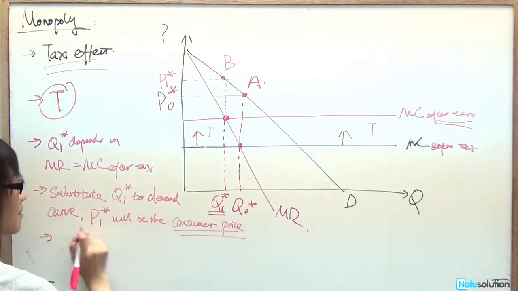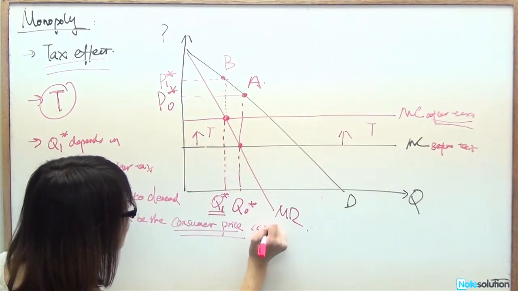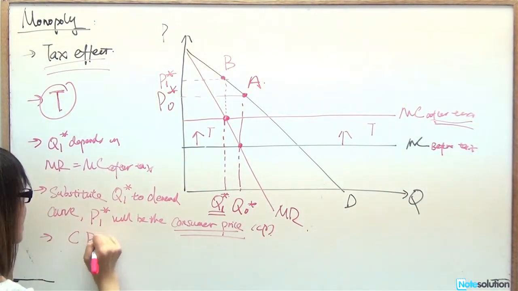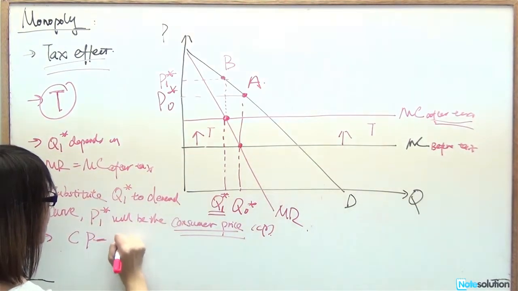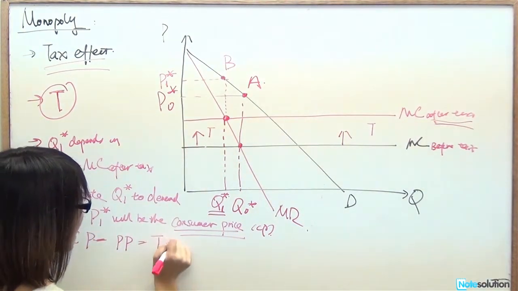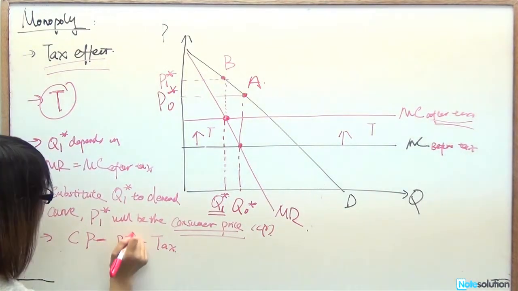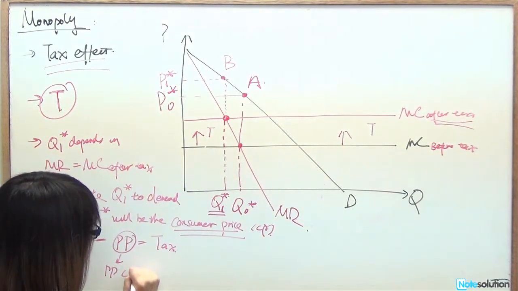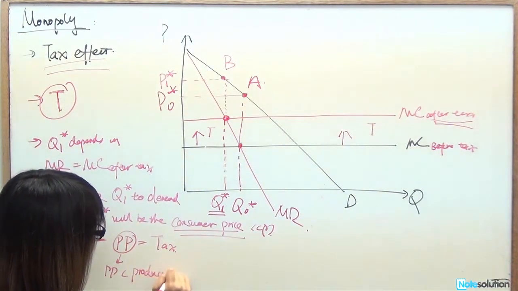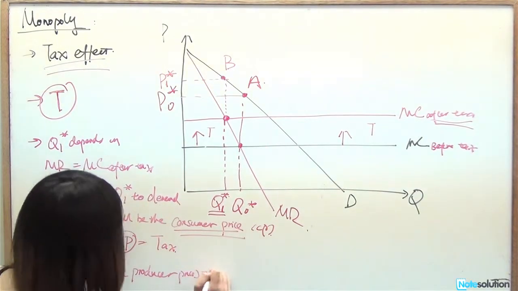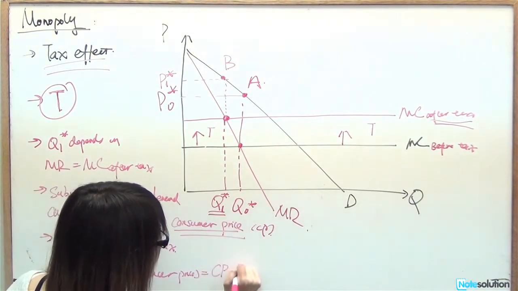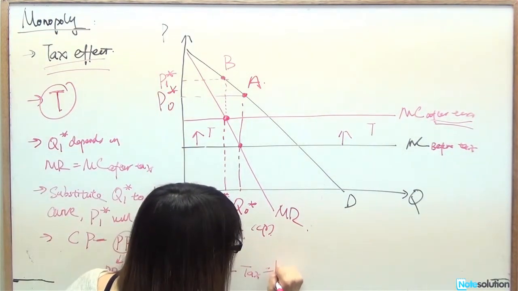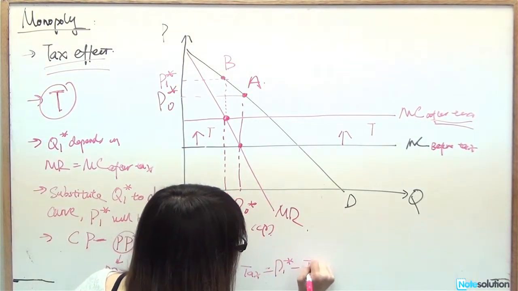We know the relationship between the consumer price, CP, and the producer price, PP: the consumer price minus the producer price is equal to the tax amount. So our PP, how much the producers can keep, is equal to the consumer price minus the tax, which is P1 star minus the tax.